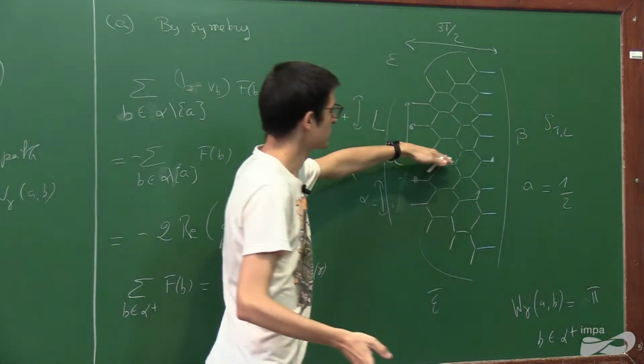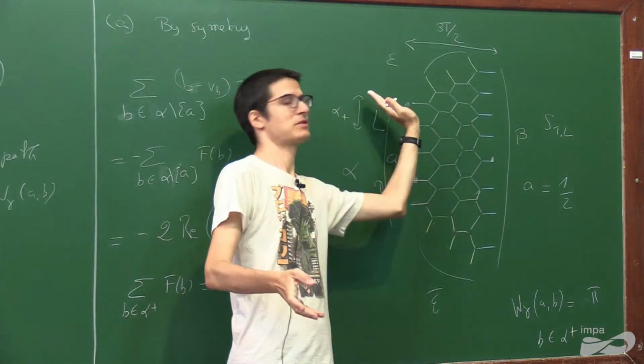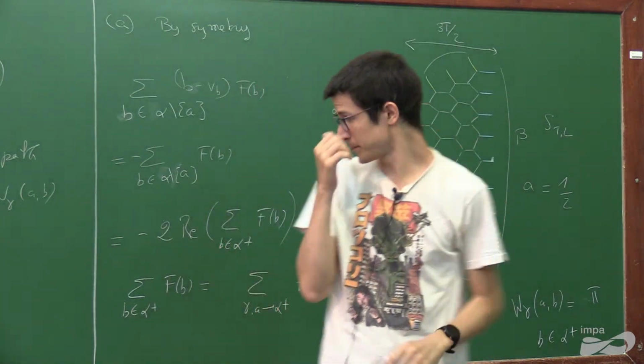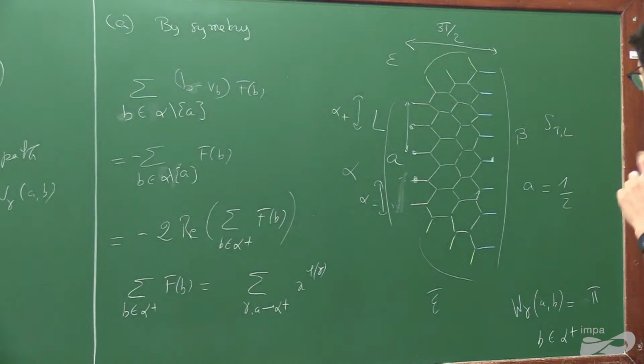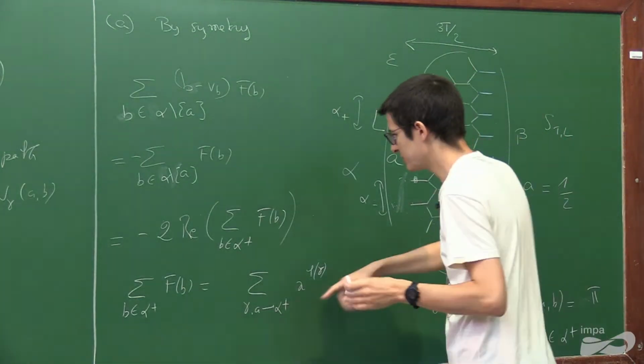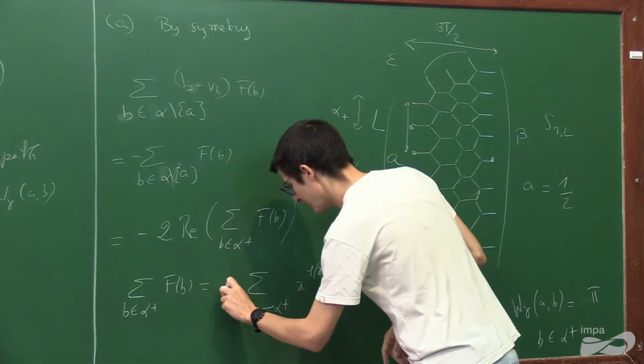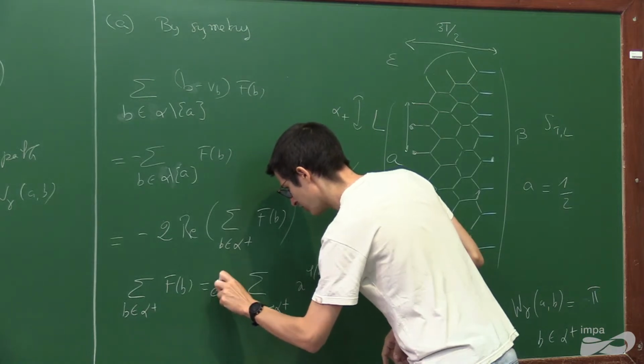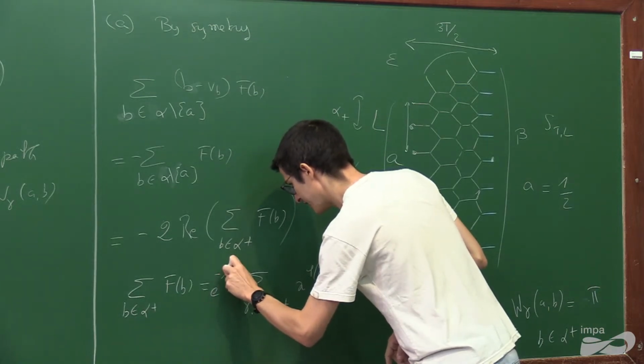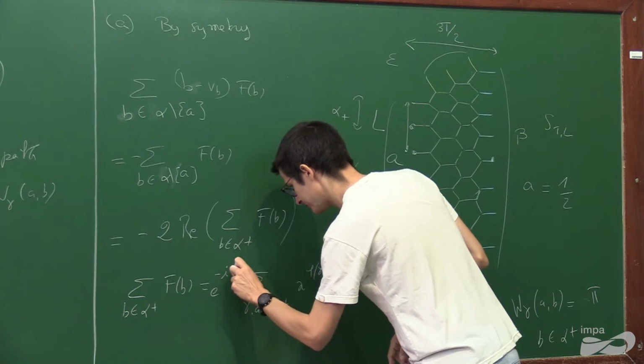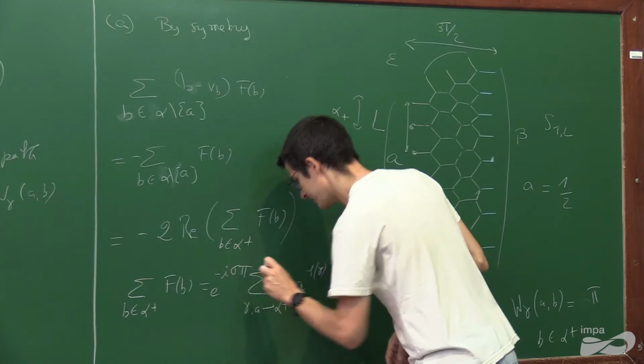Here you're really turning in the trigonometric sense by an amount pi. So this is the same for everything, so you can put it into a factor, and you get exponential minus I sigma pi.